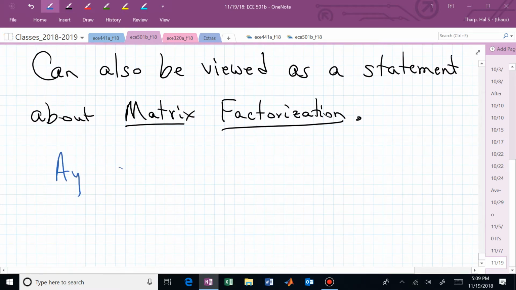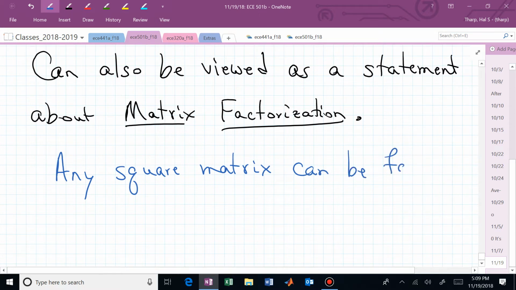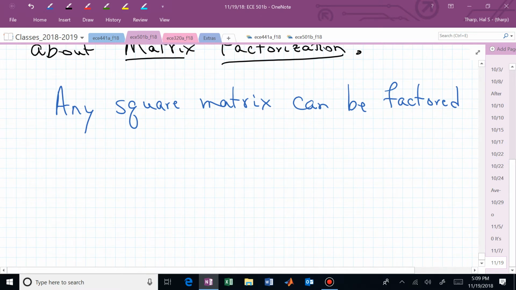Meaning any square matrix can be factored into two matrices.